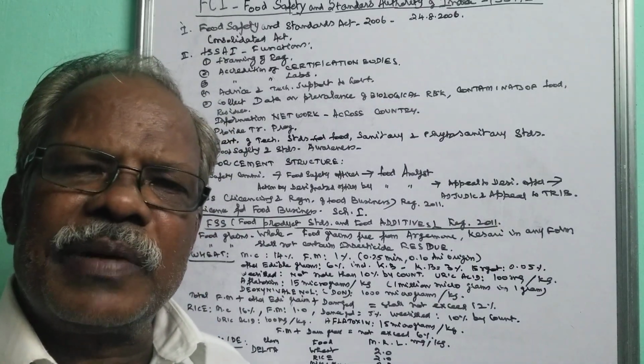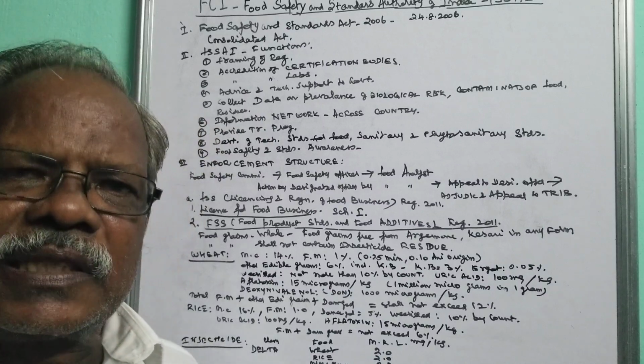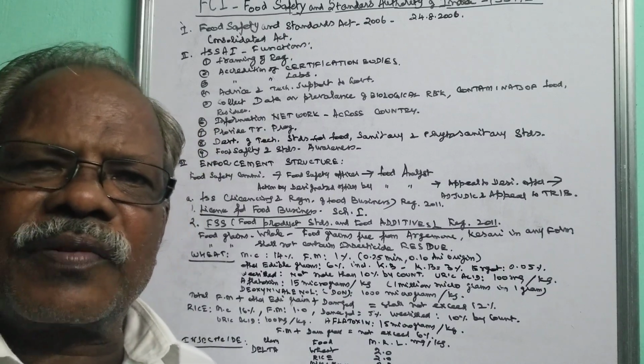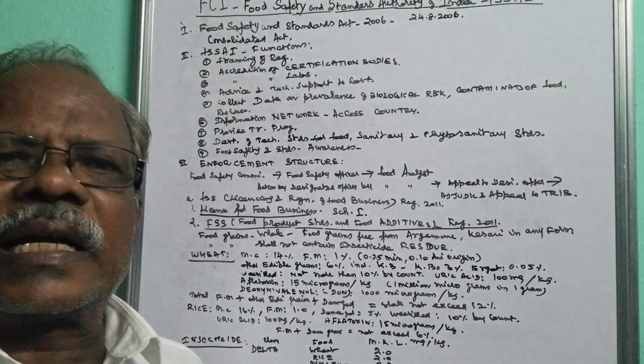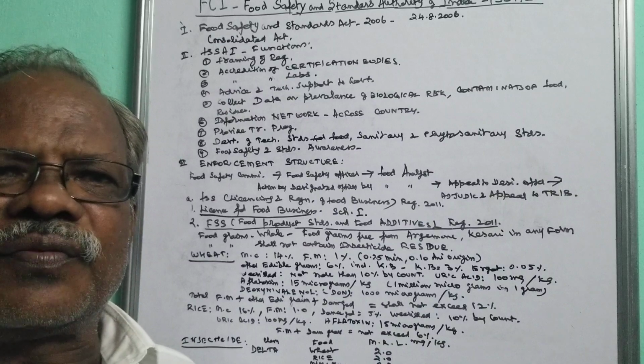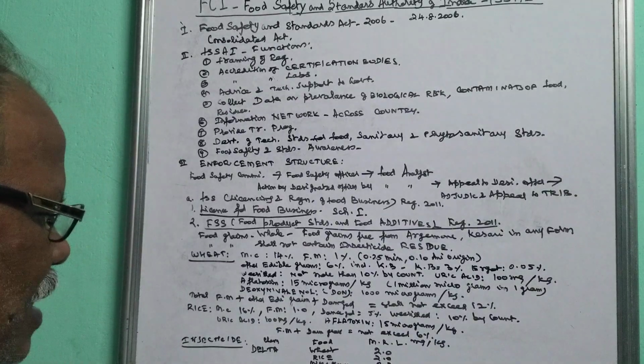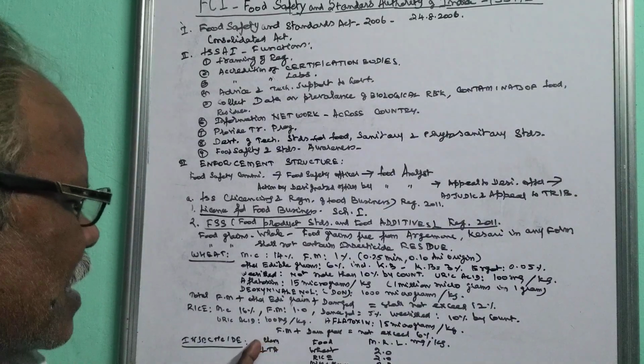By means of volumetric analysis, thin layer chromatography or gas chromatography, we identify the toxic content, that is the residue content of the food.